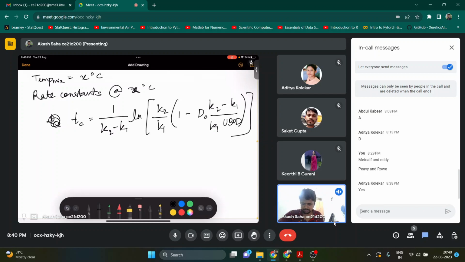From this I will get my critical time at which I will get the deficit. So my critical deficit will be equal to K1 by K2 into my UBOD into e to the power minus K1 into Tc. So this will be my critical deficit.